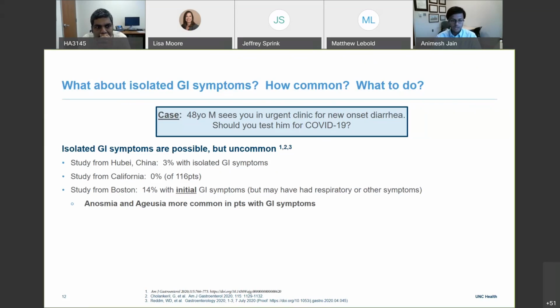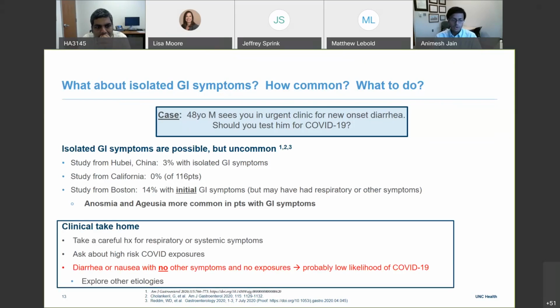So not as clear of an answer from that study. The Boston study also reported that a large percentage of their patients with GI symptoms did have loss of smell or taste. So that may be an interesting tip that those symptoms may go along with GI symptoms. So if we put that together, next point, please.